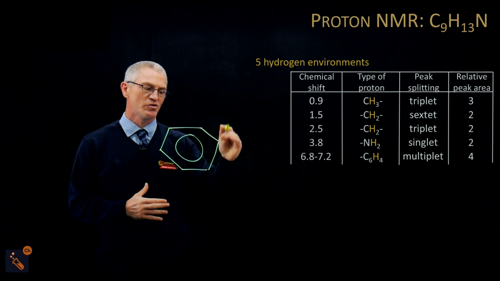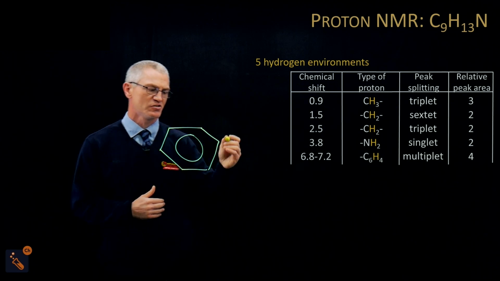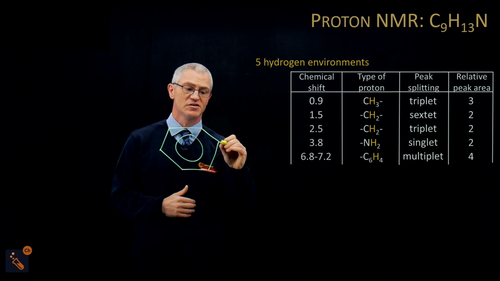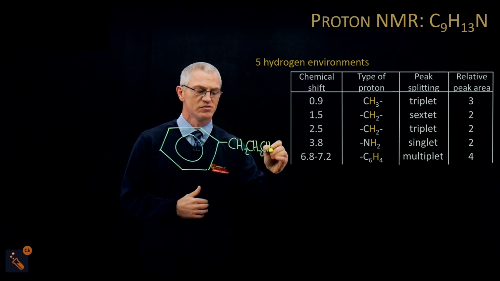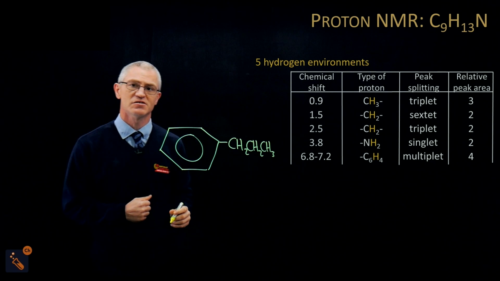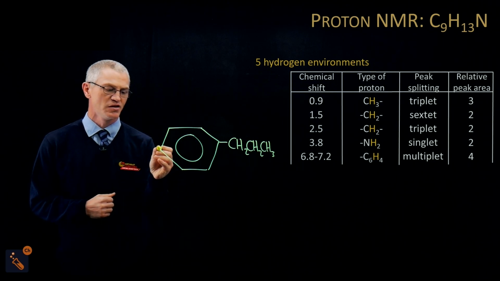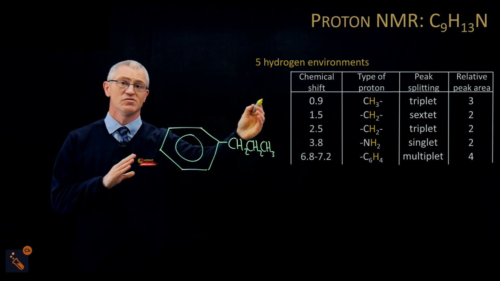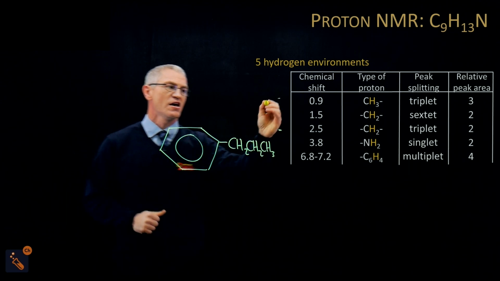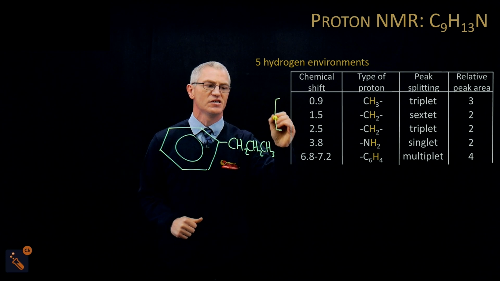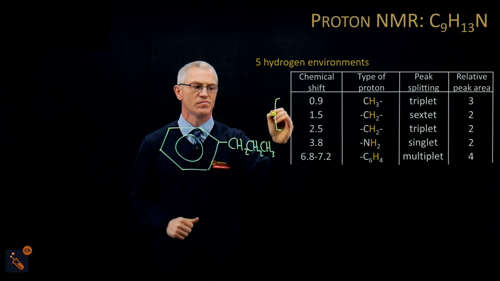So we think we've got a propyl group, which is going to be CH2, CH2, CH3, and that means we've used that group down to that group. Every single one of those we have used up.